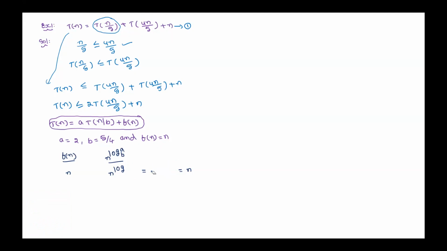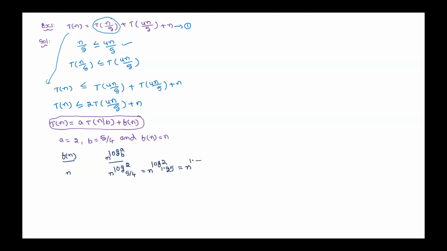Okay, let us do it again. A and B we have. A is 2, b is 5 by 4. So n power log 2 base 1.25. Is that correct? So it is n power 1 point something. Why?